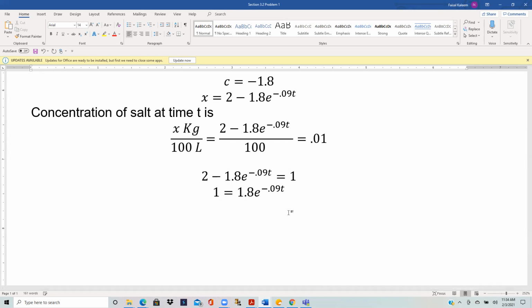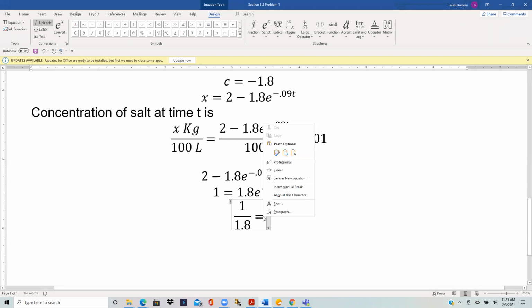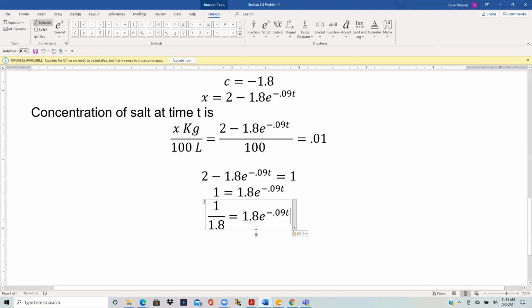So we get 1 divided by 1.8 is equal to this e expression. 1.8 goes away, and then you take ln of both sides and divide by negative 0.09.